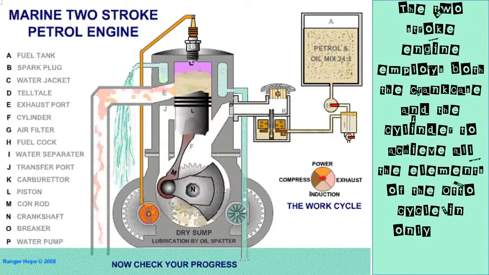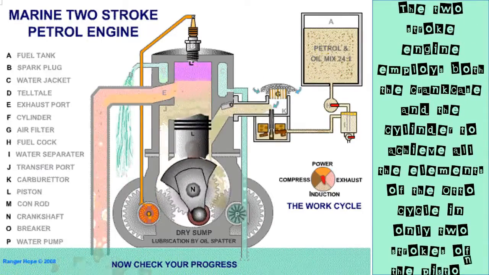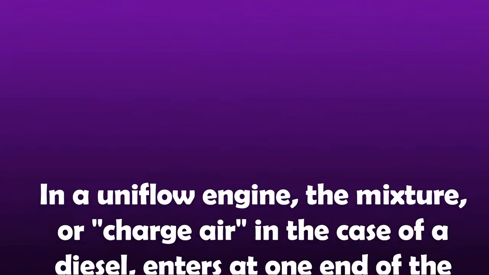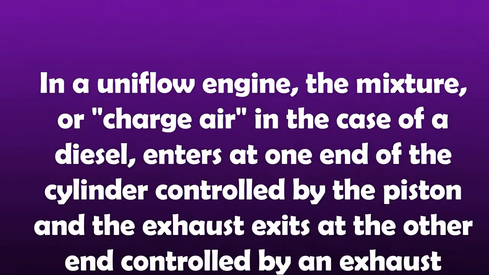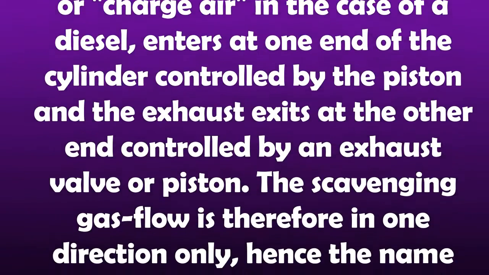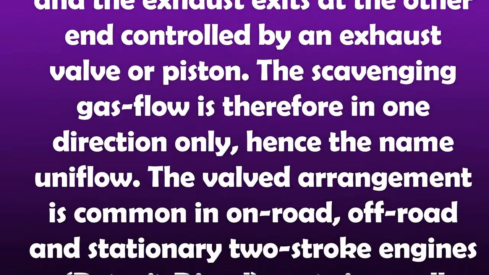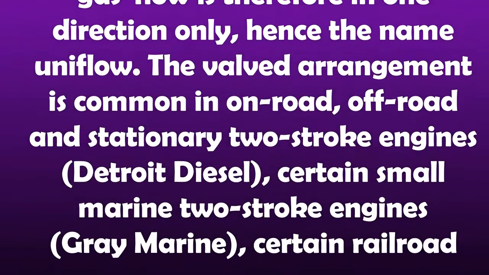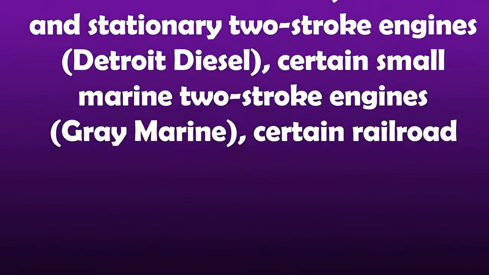The valved arrangement is common in on-road, off-road, and stationary two-stroke engines, Detroit Diesel, certain small marine two-stroke engines, Gray Marine, certain railroad two-stroke diesel locomotives, Electro-Motive Diesel, and large marine two-stroke main propulsion engines, Wärtsilä.